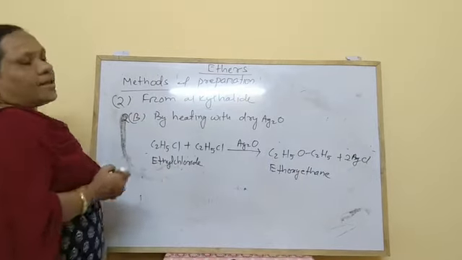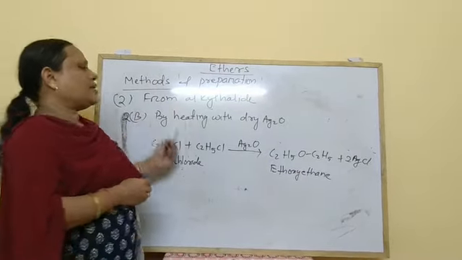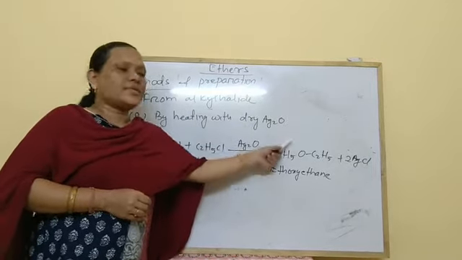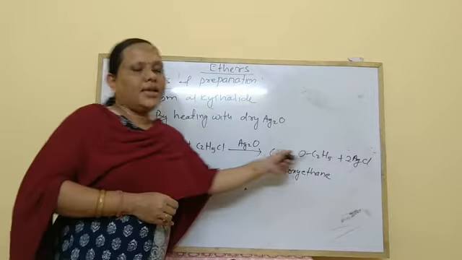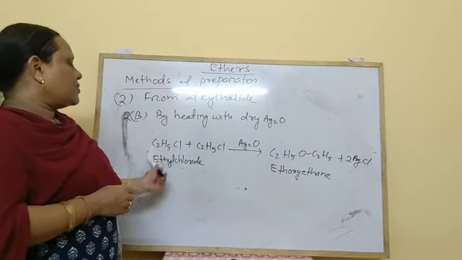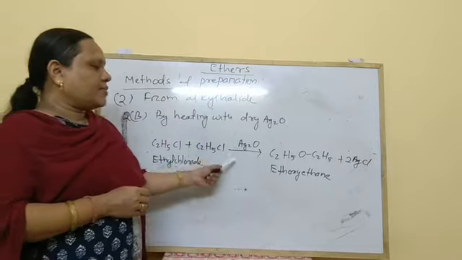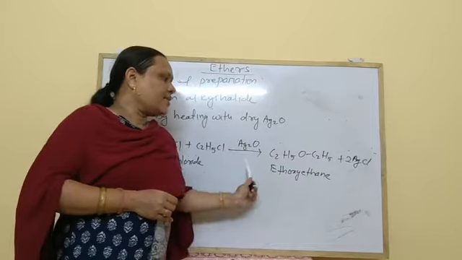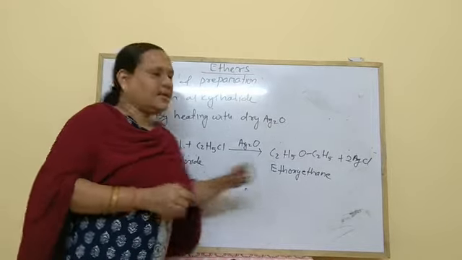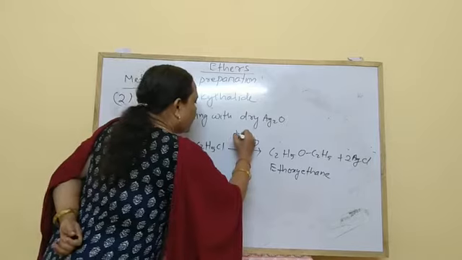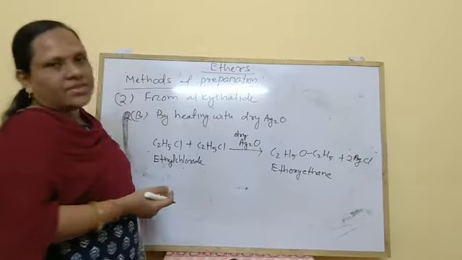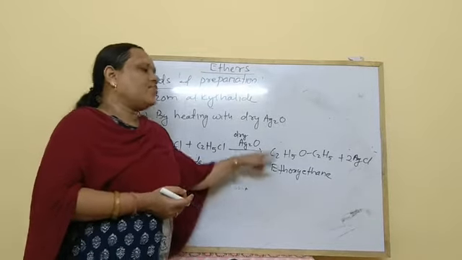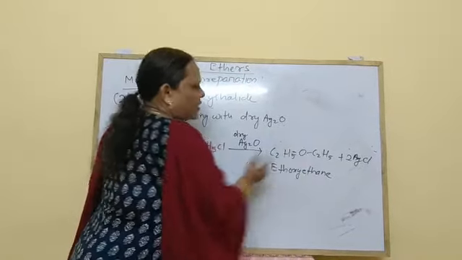Again I repeat, when an alkyl halide is heated with dry silver oxide, it forms an ether. This is important: dry. If you use moist silver oxide, then it gives alcohol. If you use dry silver oxide, then only it gives ether.